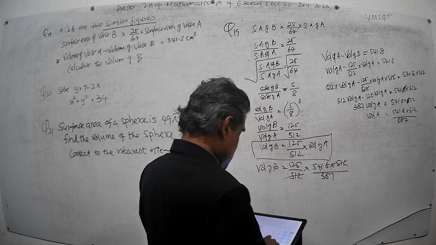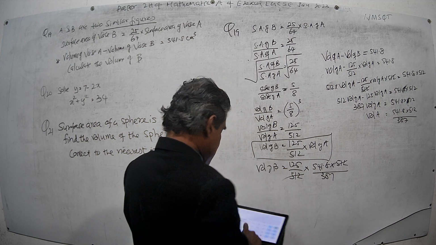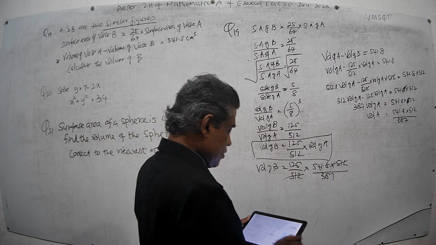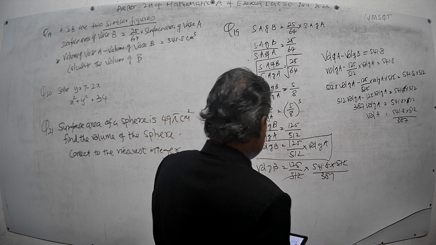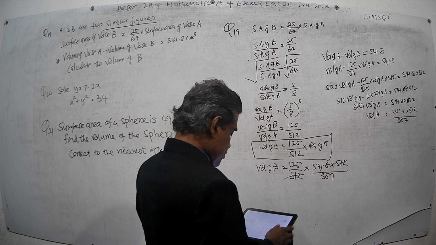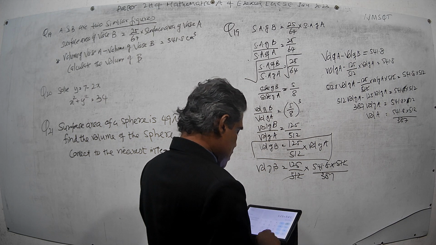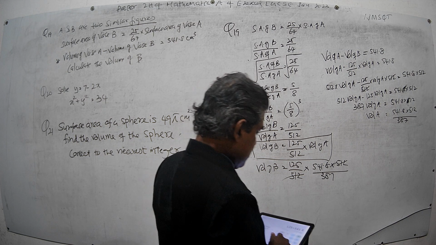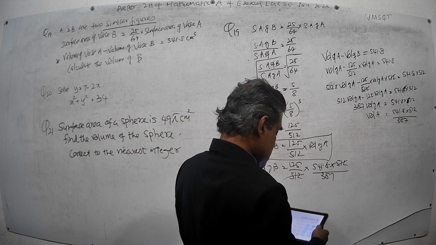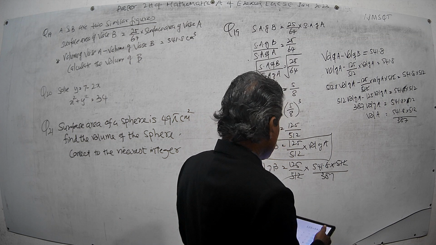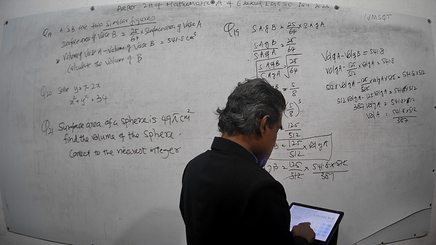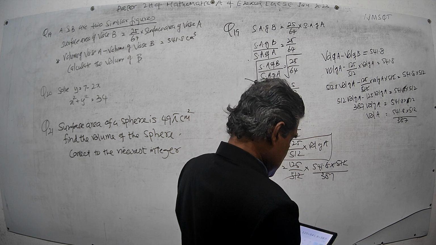Right? 125 into 541.8 divided by 387. Okay.